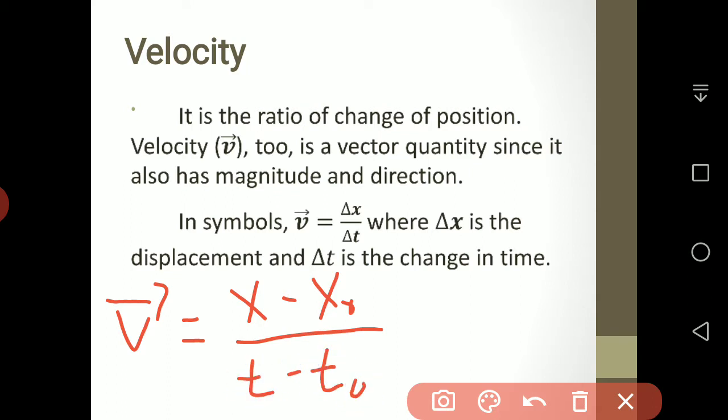Tandaan natin kapag change, pwede natin silang isulat as differences from initial to final. So, yeah.